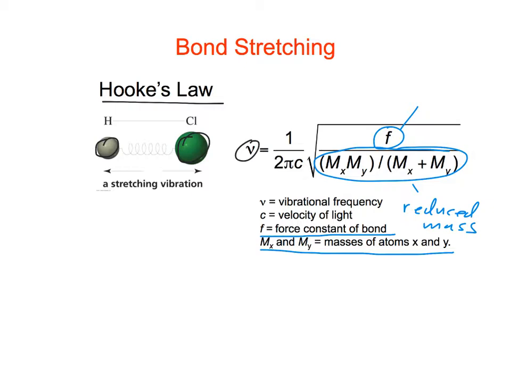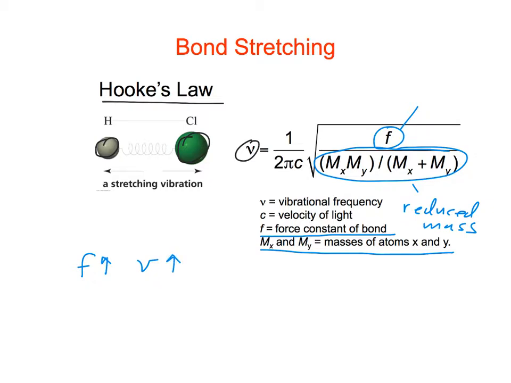So we can look at some different examples here. Yeah, the reduced mass. So basically what we see is that if F increases, what's going to happen to the frequency? It's going to increase, right?